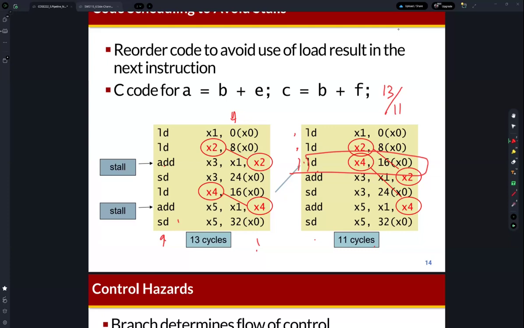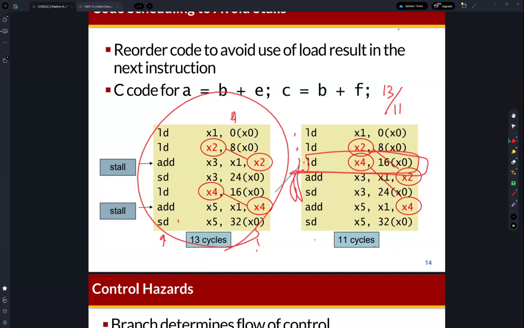Because this is a large basic block, we can find available instructions inside of it, like this load instruction, and then some add and store instructions. But in reality, the size of a basic block is small.